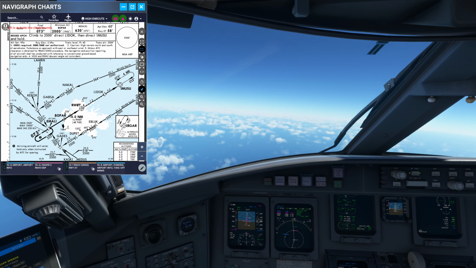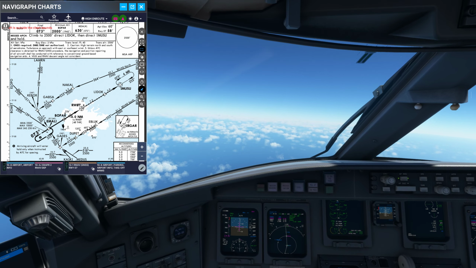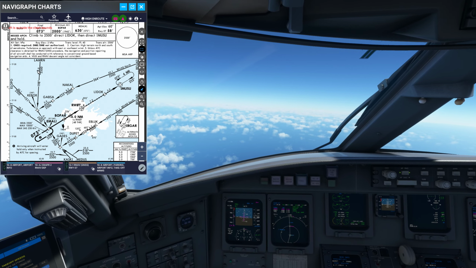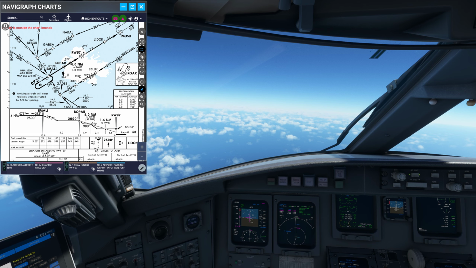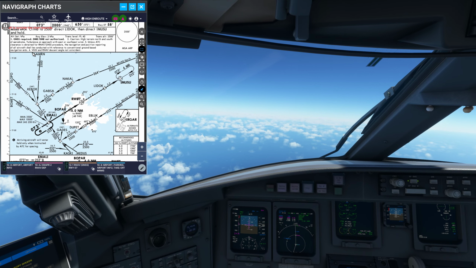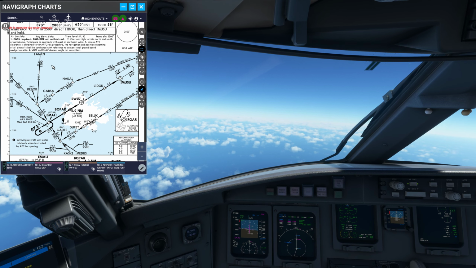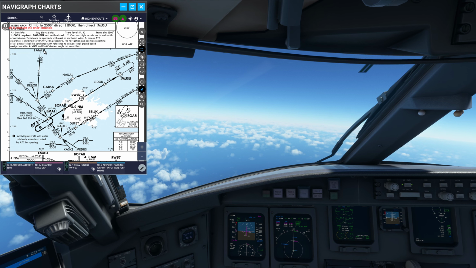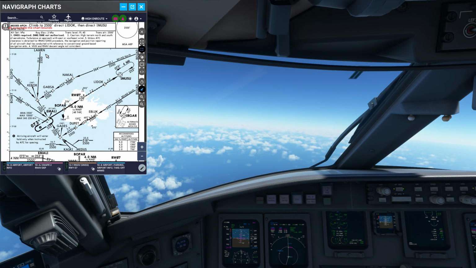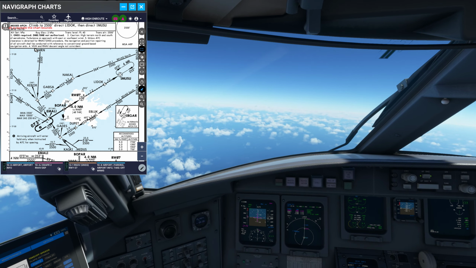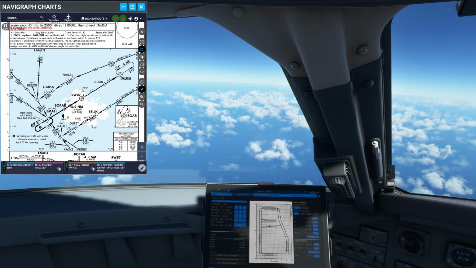That's your PAPI, your precision approach path indicator, which is right here on the left side of the runway. What they're telling you here is that if you are on the correct descent angle for the RNAV approach, you might not see 2 white, 2 red on the PAPI, which is normally what you're trying to achieve.